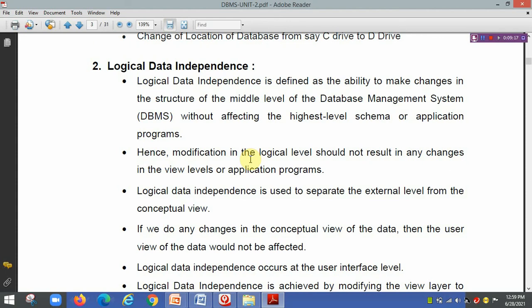External level और conceptual level view ये दोनों को ये separate करके रखता है. Okay. If we do any changes in the conceptual level or conceptual view of the data, then the user view of the data would not be affected. यहाँ पे कोई भी effect नहीं आएगा.